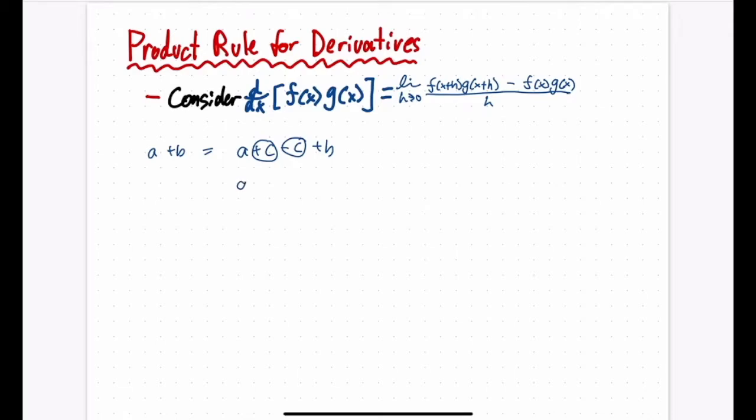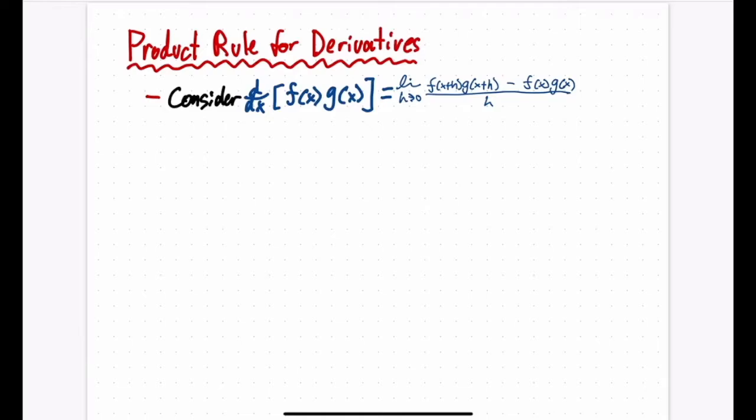So it's the same thing as saying a plus 0 plus b or a plus b. So with that idea in mind, we're going to add and subtract something into this equation to make this whole thing be able to be rearranged a little bit more. But it's perfectly legal because it seems as though we're just adding 0 to it. It doesn't change it at all.